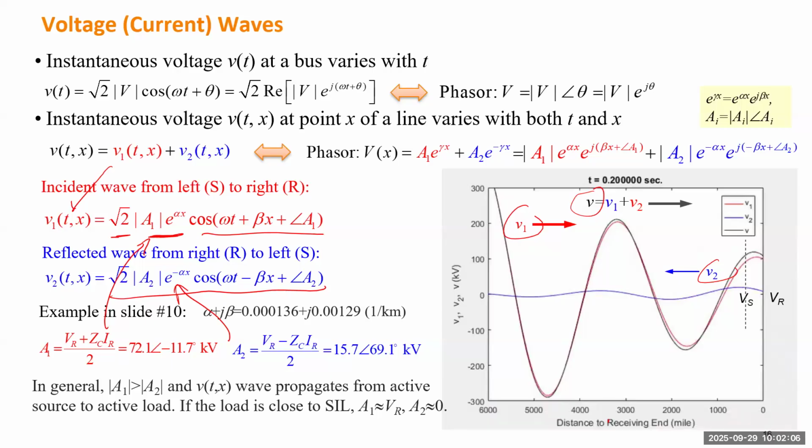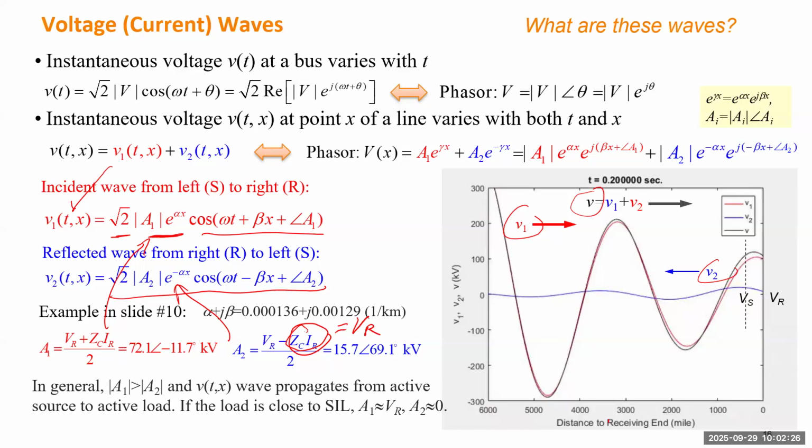In general, A1 has bigger magnitude than A2. If we consider a surge impedance load, the blue one will be close to 0, because this will become exactly VR.